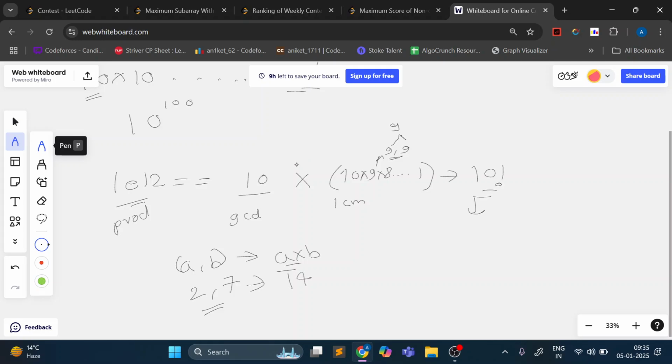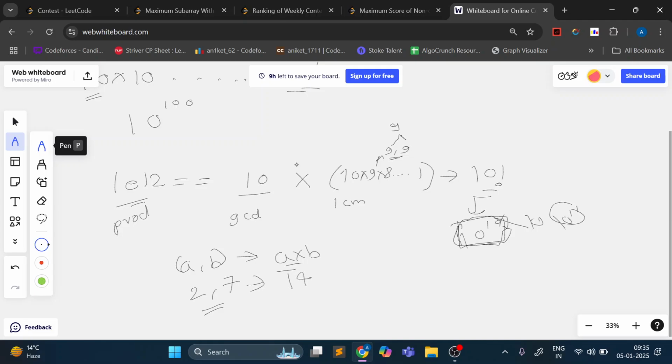Now 10 factorial, let's just assume it as 10 raised to the 10. It is lower than this, but we can consider it as an offset up to 10 raised to the 10 into this 10, which is 10 raised to the 11.